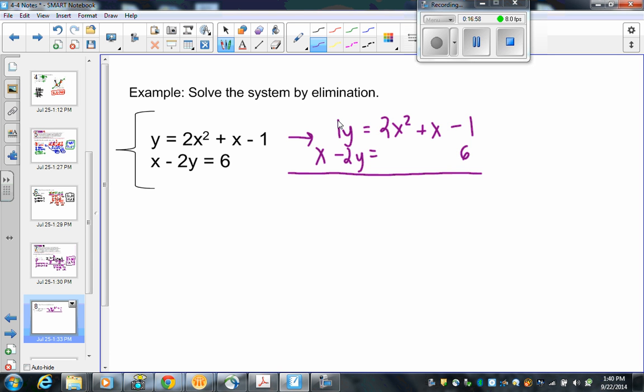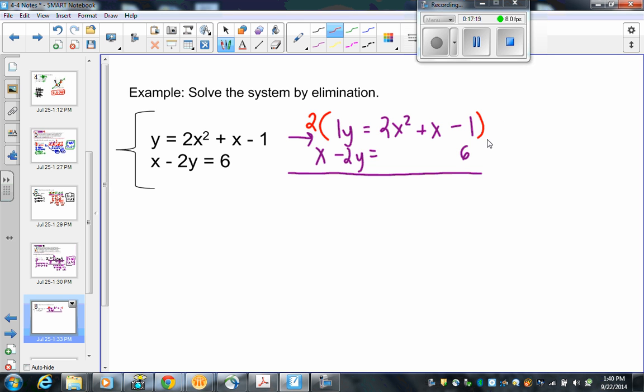If we were to add these sets of equations together, they wouldn't eliminate. So we've got to multiply this entire equation on top by a number that would cause y's to eliminate if we were to add the equations together. So that number would be +2.